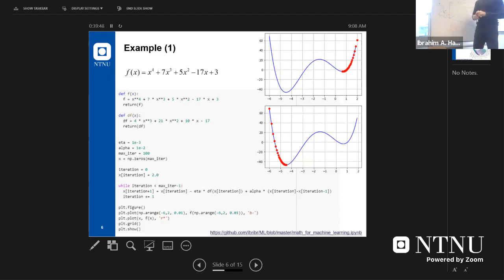In this case, we will start with a larger step, and when we are closer to the global minimum, the step will be very, very small. It will take more time, but maybe the performance will be much better, because if you select a large learning rate, maybe we will oscillate across the global minimum.